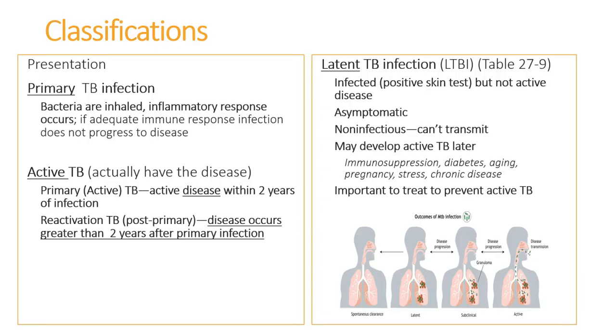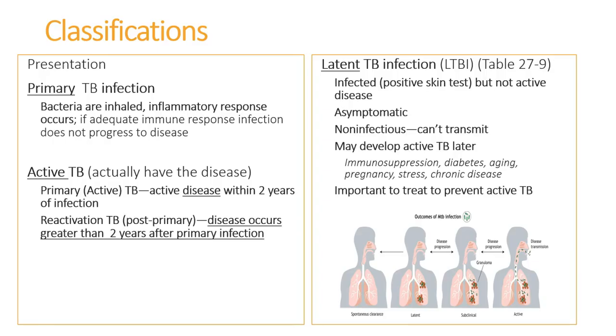Latent tuberculosis is you're infected, right? So if we did a tuberculin skin test, it would be positive, but that does not mean that you have the active disease right now. So you're asymptomatic. You cannot transmit the disease, so you're not infectious. But this can reactivate later in time and go back to active tuberculosis.